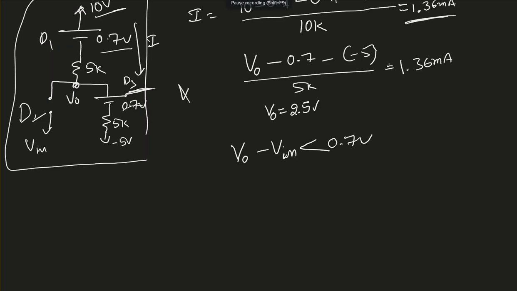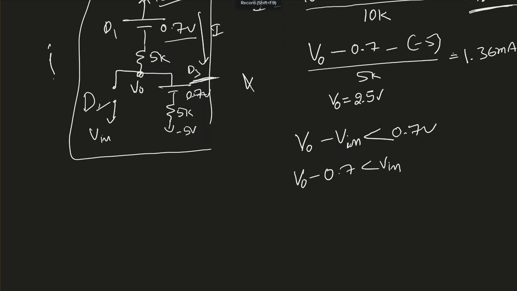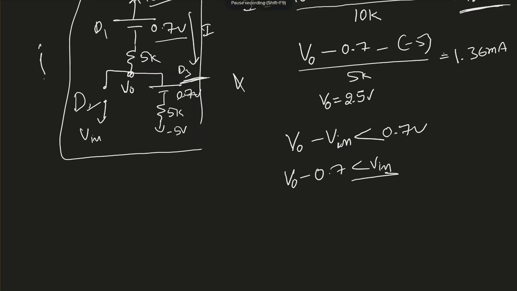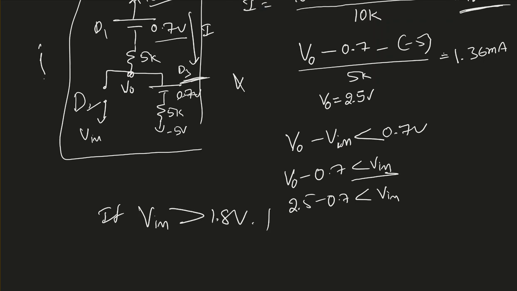So we know V0, so V0 minus 0.7 must be less than Vn, which is 2.5 minus 0.7 greater than Vn. So if Vn is above 1.8 volts, then V0 equals 2.5 volts.